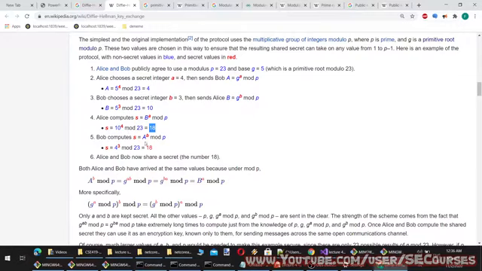Then Bob computes s as A^b mod p. B was only known by Bob, so it is 4^3 mod 23, which is 18. So you see, now Alice and Bob share a secret number 18. Okay. So what did they exchange?